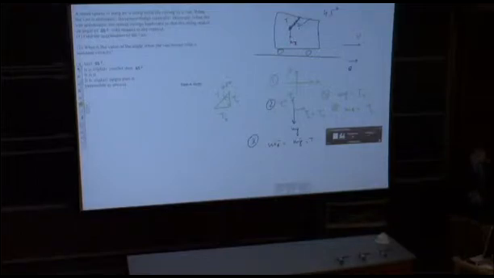M is a scalar, just a positive number, the mass is never negative. But a, g, T, those are arrows, vectors. So if acceleration points to the right, ma must point to the right. That should be ma, and that should be equal to mg plus tension.